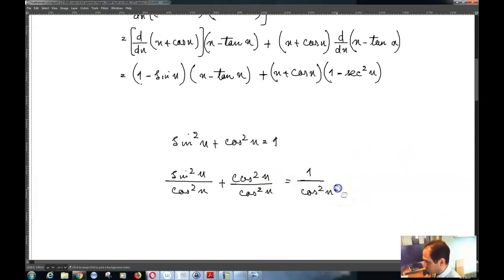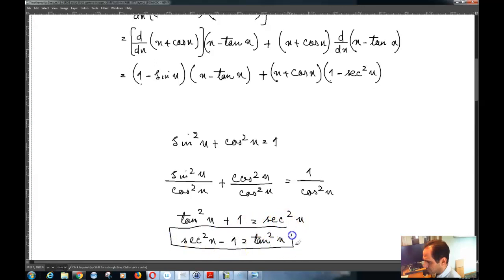And this is tan squared x plus 1 is equal to secant squared x. So that means that secant squared x minus 1 is equal to tan squared x.